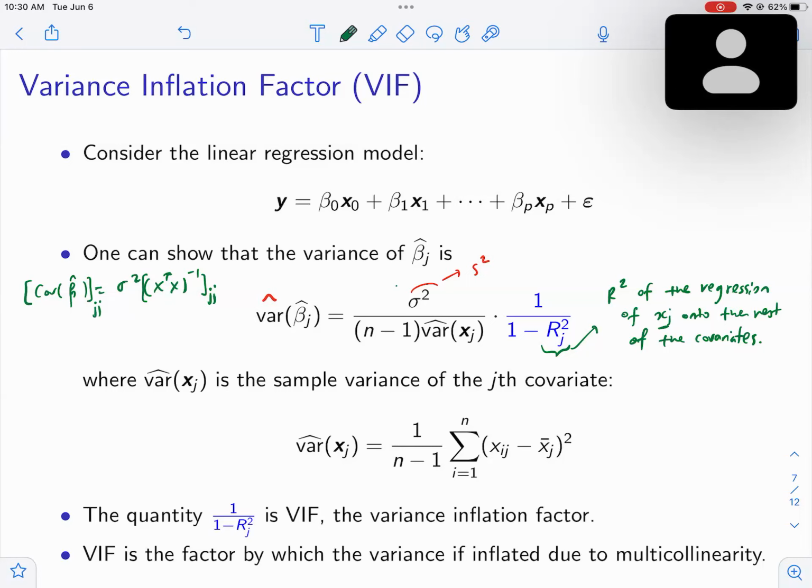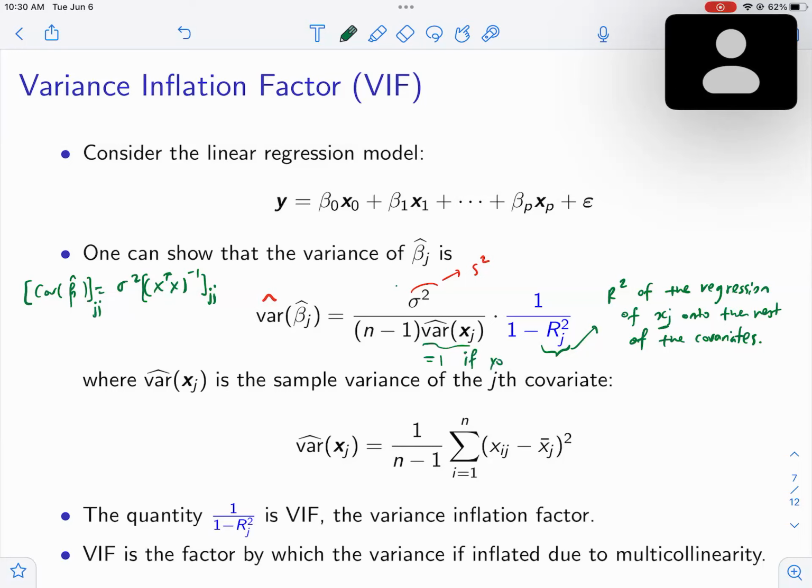If you remember, if I divide the j column by 2, the effect on beta hat is that I multiply beta hat by 2. So the variance is going to be multiplied by 2. So this is accounting for just the scaling.